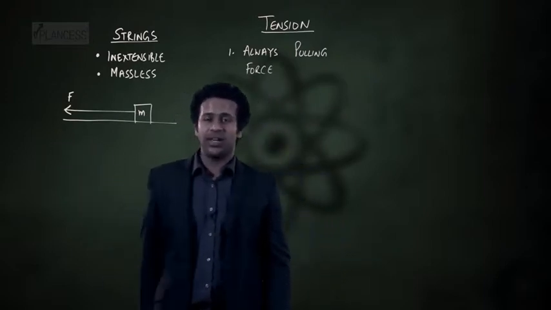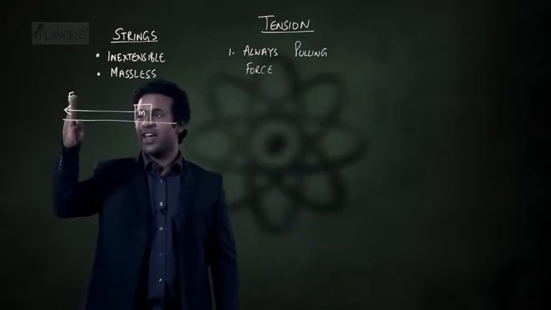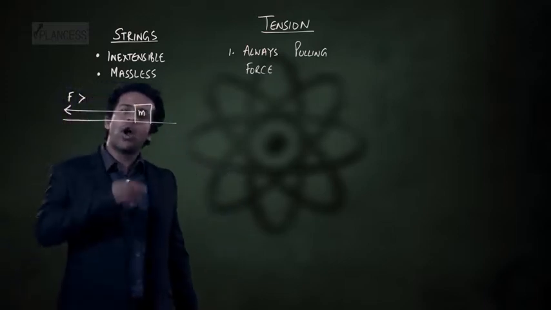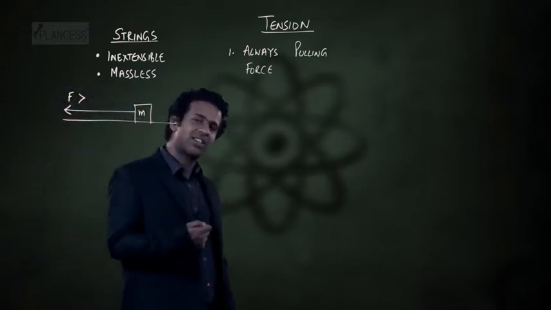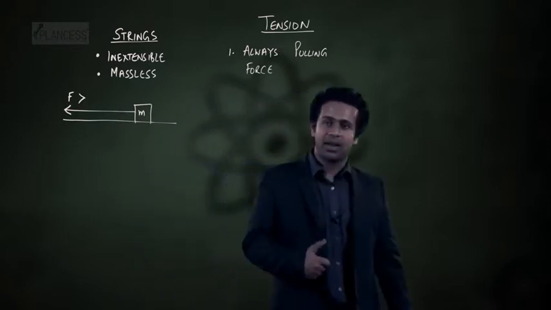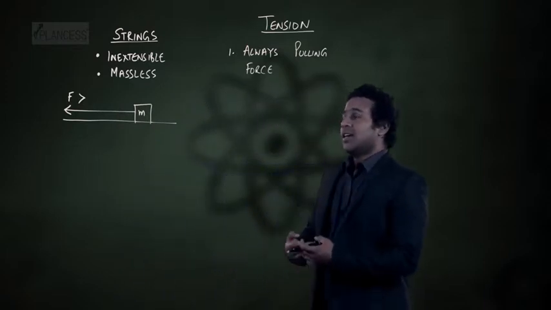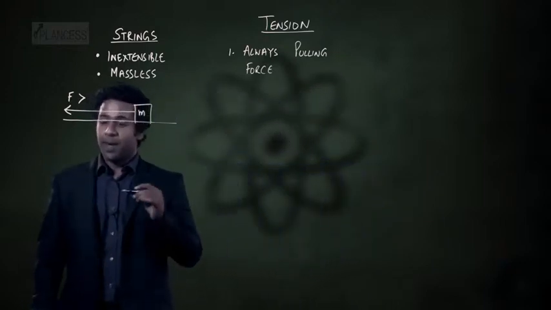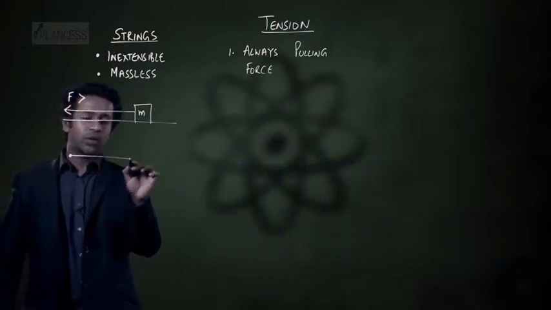Consider the same situation. Instead of this force F being leftwards, if it was rightwards, you would not see the block moving. Instead, the string would simply slack. So, tension is always a pulling force.